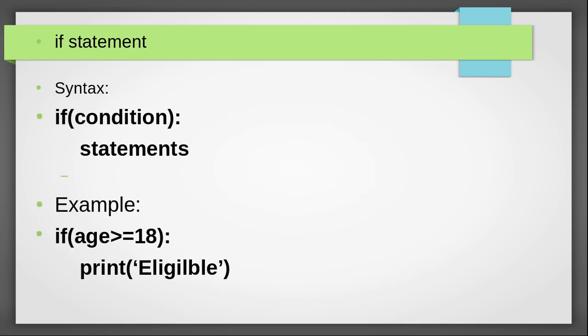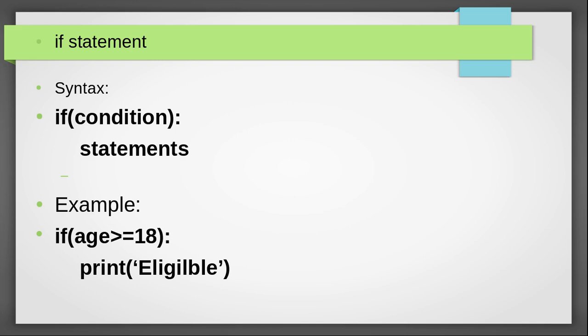And then here you can see the syntax. So how we are going to approach this if statement in Python. So if, in parentheses you should write the condition and then followed by the statement. Here we should use indentation, for example 4 spaces.